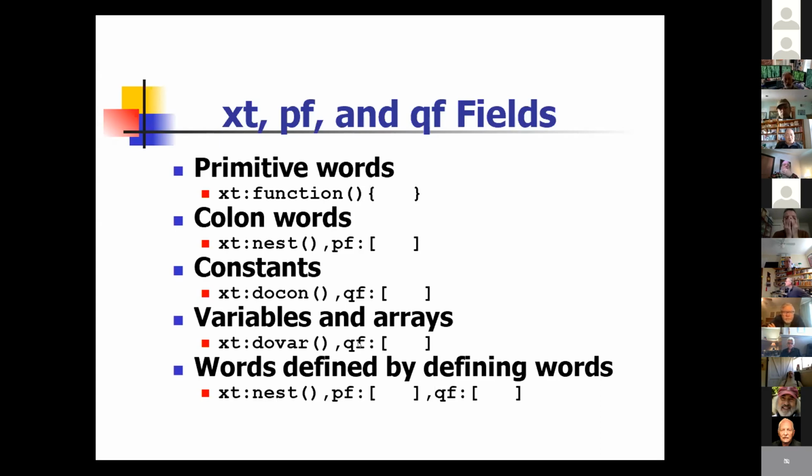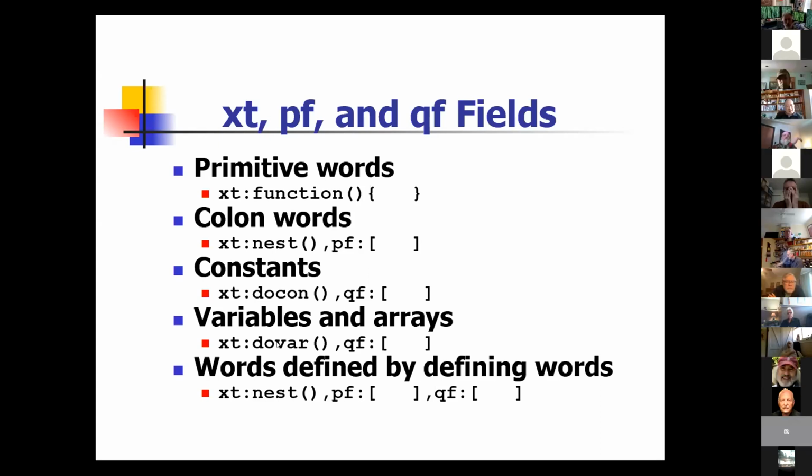For variables, the QF has only one item, and for arrays, the QF has an array of many items. But they all share the same inner interpreter, do var, in their code field. And new words which are defined by defining words will have nest in their code field, and have their interpreter in high level in the PF field as a token list. And the data they need are all stored in the QF field.